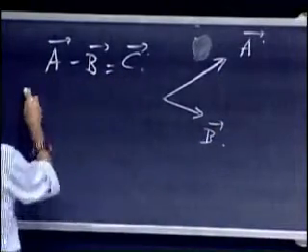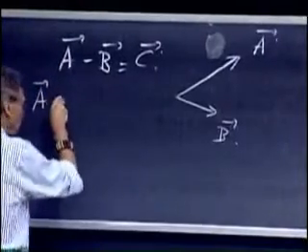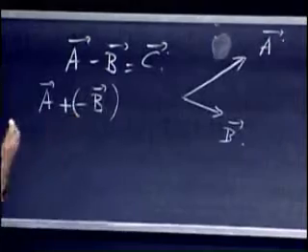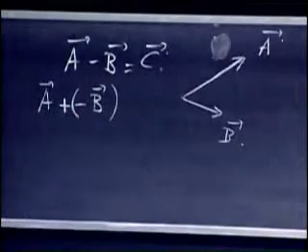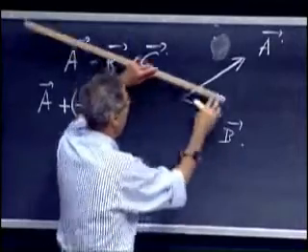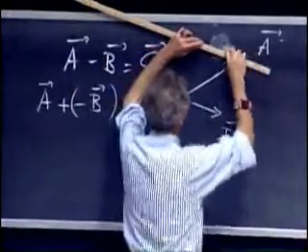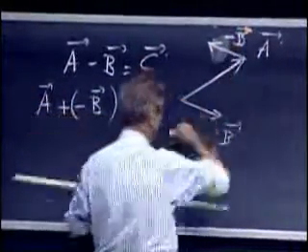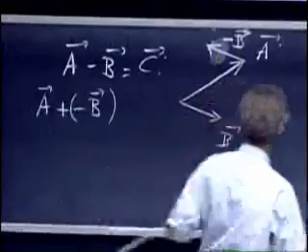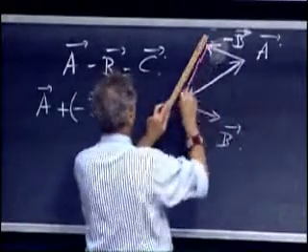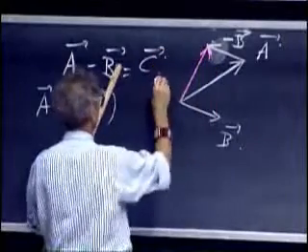You can say A minus B is A plus minus B. And we know how to add vectors, and we know what minus B is. Minus B is the same vector, but flipped over. So we put here minus B, and so this vector now equals A minus B. This vector C is A minus B.